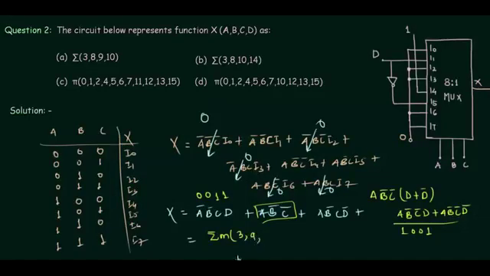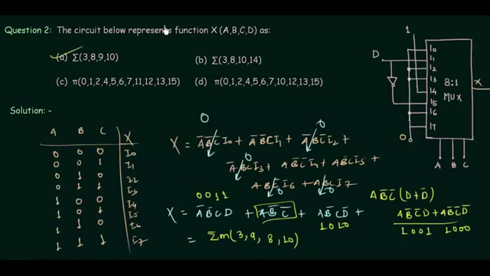So 9 is also my minterm. And A B complement C complement D complement means 1 0 0 0, it means 8. And A B complement C D complement means 1 0 1 0. This is definitely 8 plus 2, my 10. So in terms of min terms, I'm having 3, 9, 8, 10.